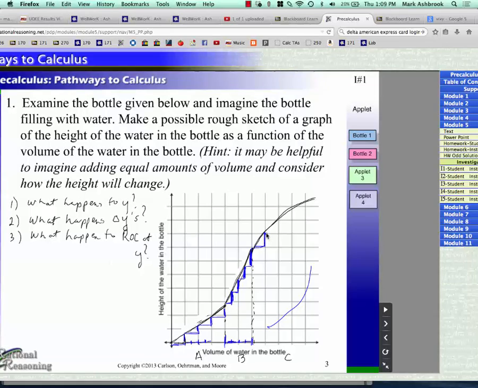Javier, why? Yeah, the changes here are getting smaller. This change is clearly larger than, say, this one up here and this one up here. So these changes are getting smaller. What's the height doing? The height is increasing, but the change in height each time is getting smaller.